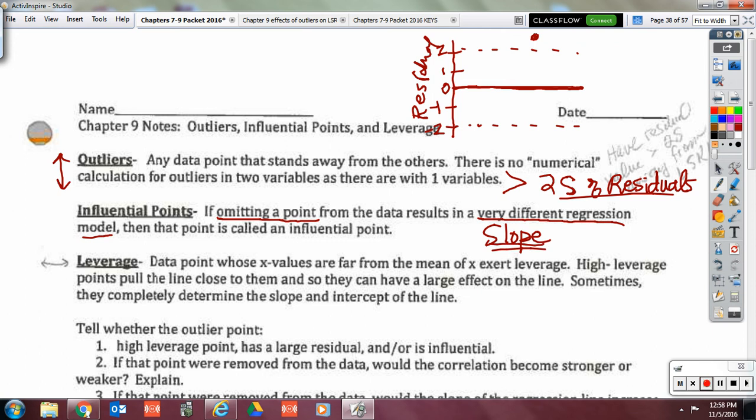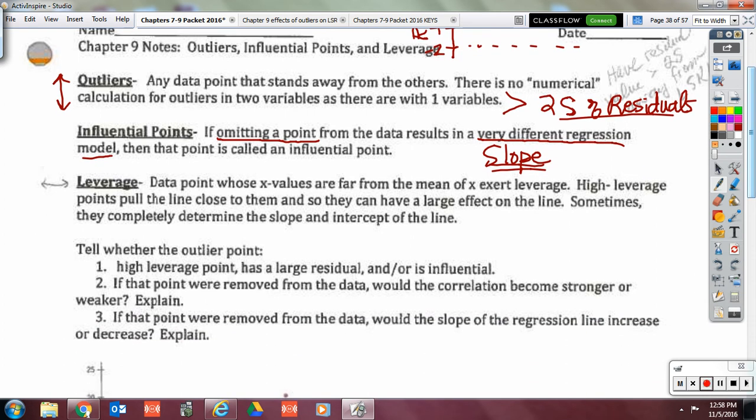Remember the y-intercept often does not make sense, so we're not particularly interested in it, mostly whether the slope is significantly different. Unfortunately, there's not a set rule. I wonder if that means we're changing it more than 2 standard deviations of the slope. I hadn't really thought about that, but that might be something to consider.